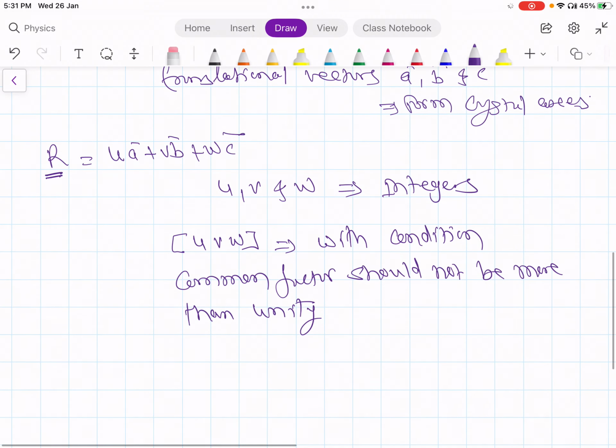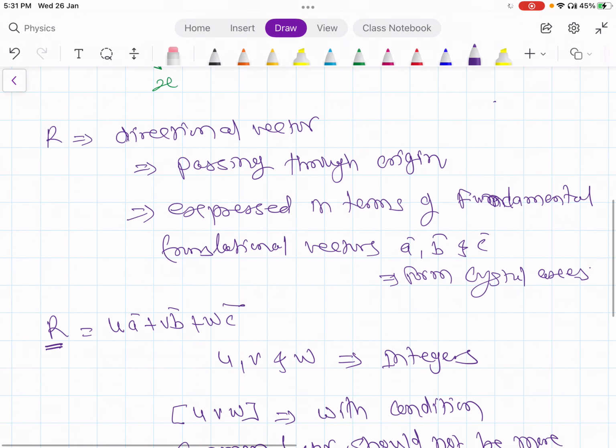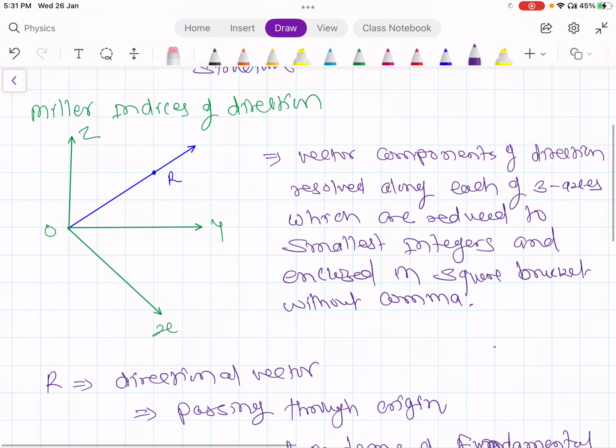Then this UVW are called Miller indices of the direction.